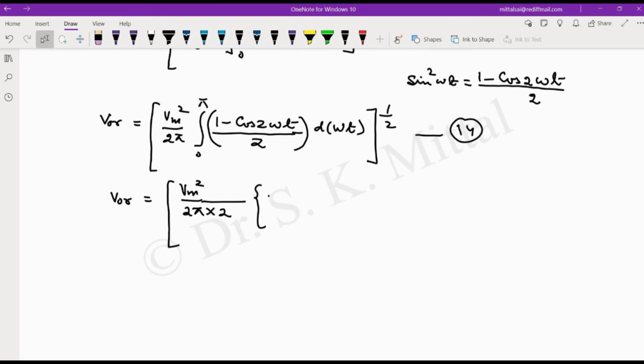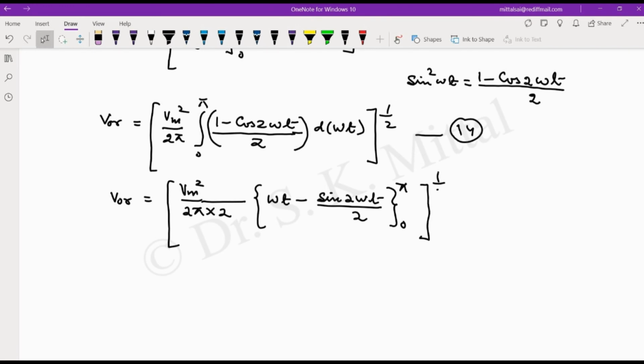If it is integrated, one integration will be omega t minus the integration of cos 2 omega t, which is sine 2 omega t divided by 2, and then we will take the limits.